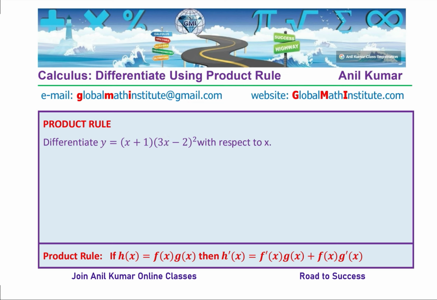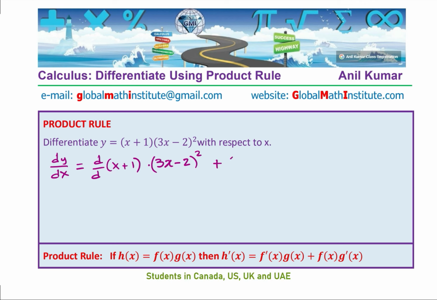In that case, we can write the derivative of the function, dy/dx, differentiating with respect to x, as the derivative of x plus 1 times the second function, which is (3x minus 2) whole squared, plus the first function, x plus 1, times the derivative of the second function, (3x minus 2) whole squared. So that is the rule, right?